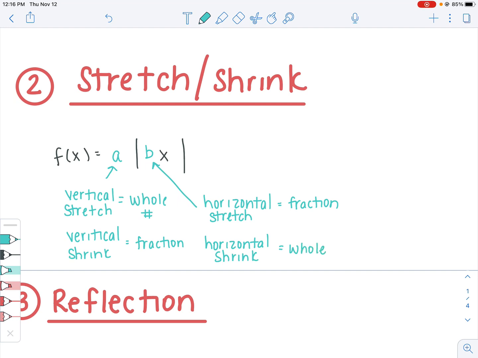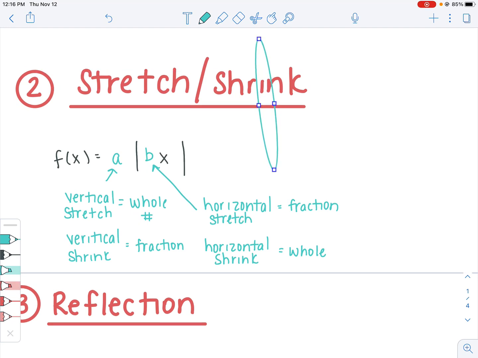And the easiest way to think about this is if, for example, let's take this beautiful circle. If I take it and I stretch it vertically, so I grab this point and I make it taller, or let's see, maybe if I draw an oval it'll be easier. Okay, so if I take this point and I stretch it vertically, it's getting taller, but it's getting narrower as it gets taller.